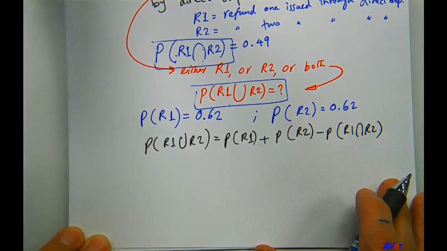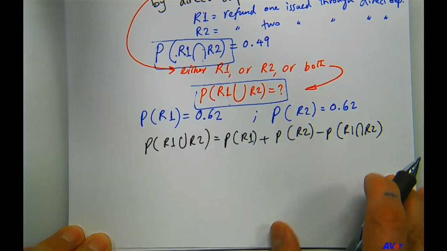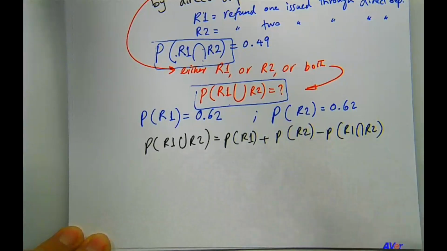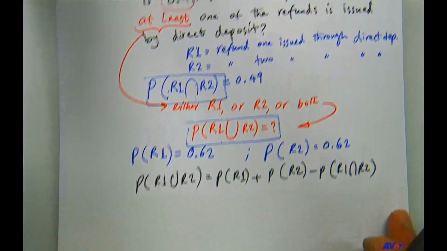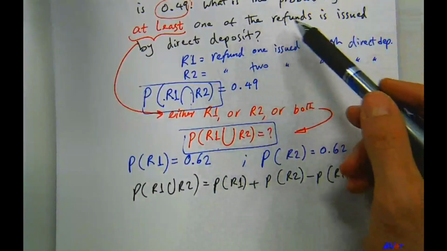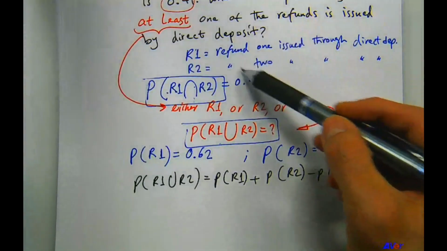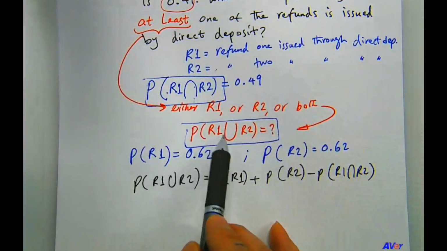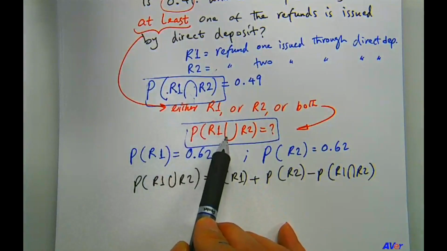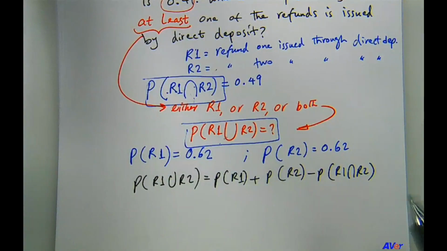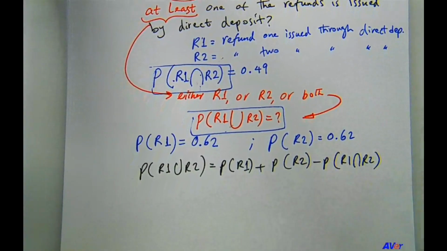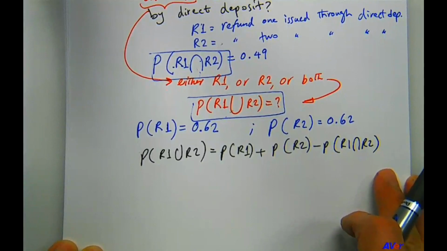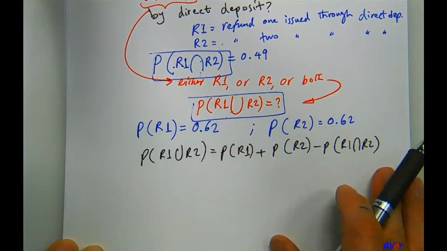That's the additive rule. Just keep in mind how we get to this point: by translating the information from plain English to symbolic form for this context, and then noting that we have intersection and union, the additive rule is a natural connection that we make between that and the formula.